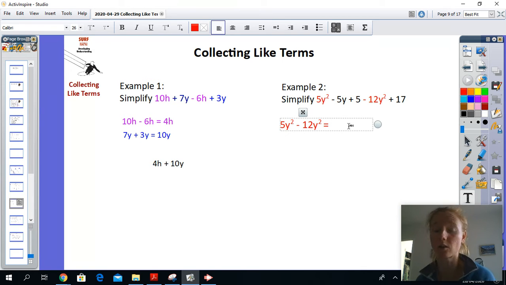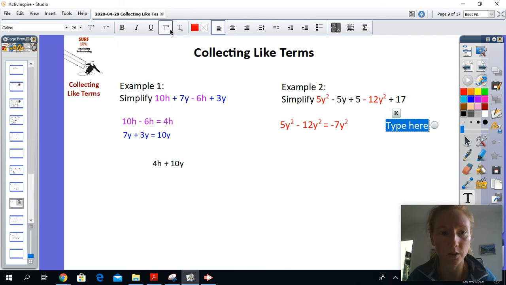And this is why we did a lot of work on negatives in the first term, because we now need to do 5 take away 12, okay? And that's going to give us a negative number. That's going to give us negative 7, and that's negative 7 lots of y squared. So I'll just make a quick note of that in brackets, because 5 take away 12 equals negative 7. That's why we have negative 7y squared here.